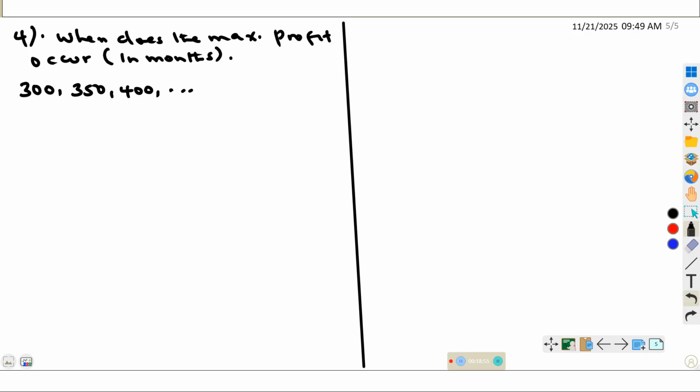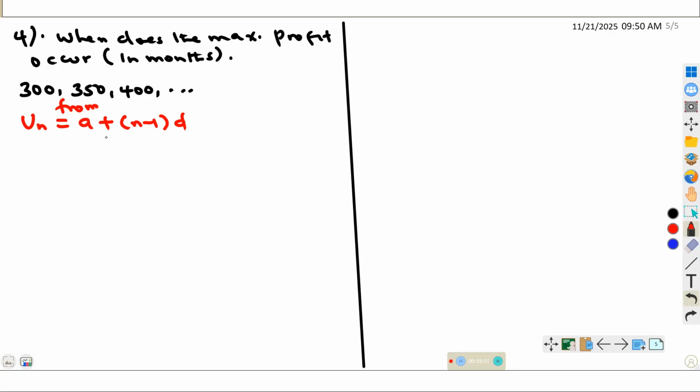So we need to look at Un, because we know that Un is the relation giving us the sales made in any particular month. So Un is a plus n minus 1 times d. This is the expression that gives us the sales for the nth month.